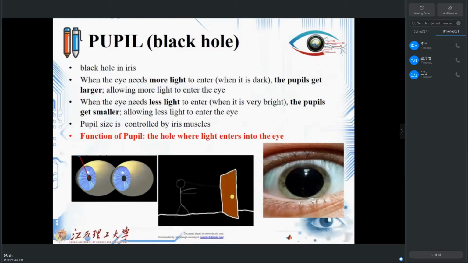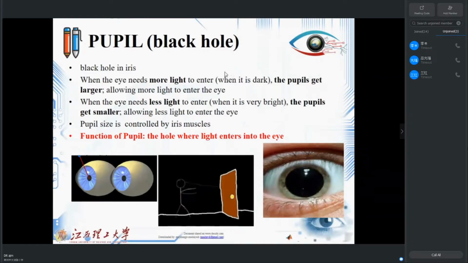And when it needs less light, suppose it's bright, it gets smaller and allows less light to enter. It is something like the principle of opening and closing a gate for the eye, to let in or stop the light.